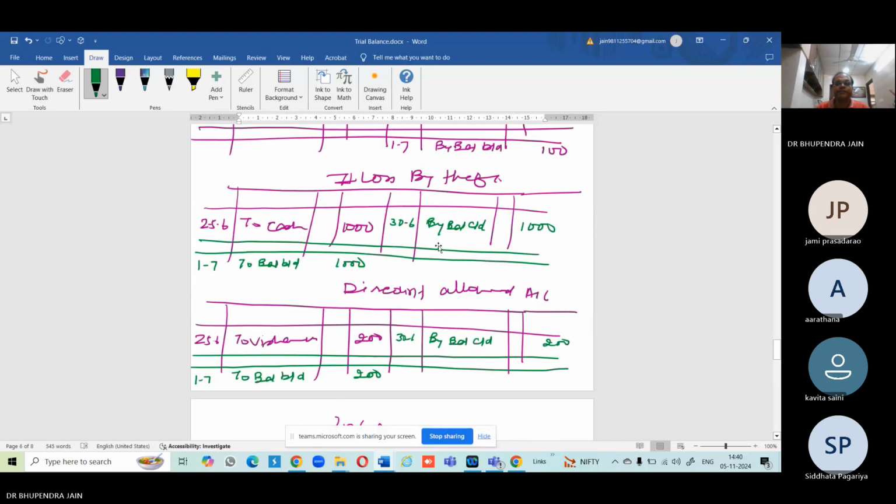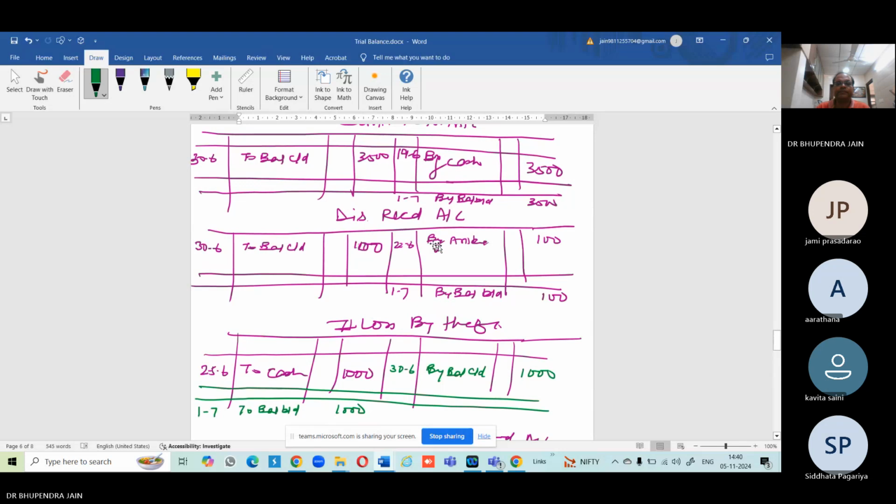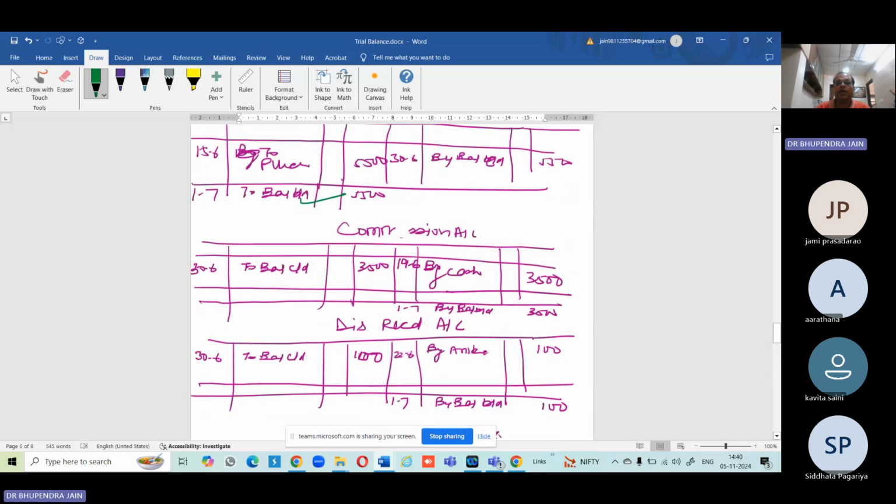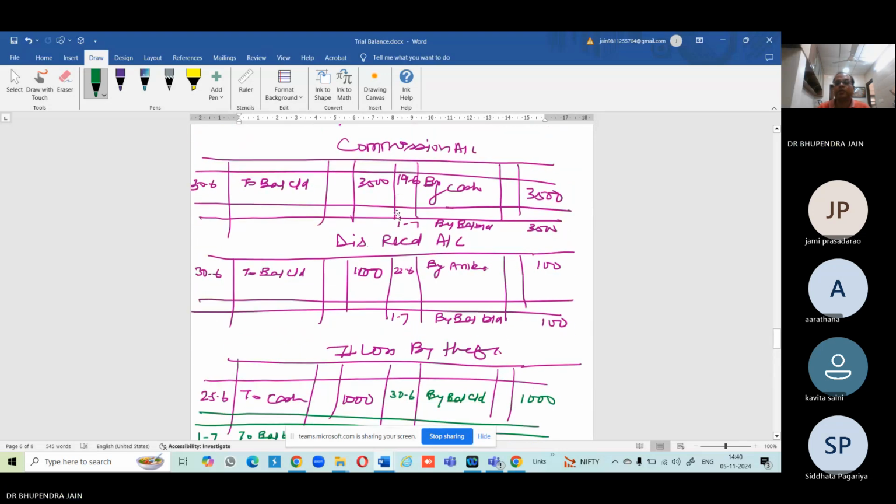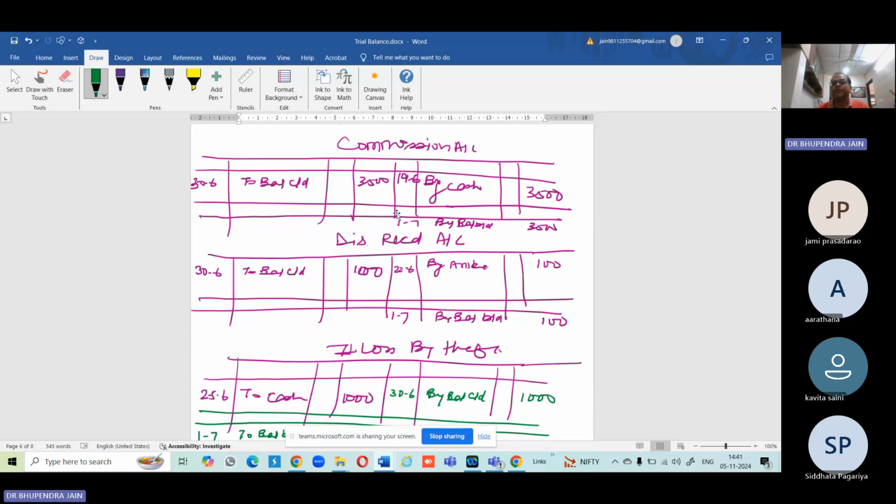Next balance: commission. The balance is given on the credit side, so transfer it to the credit side because this is commission received. This is an income, so the balance is credit, and expenses balance is debit. The b/d is given on the credit side, so commission received 3,000.